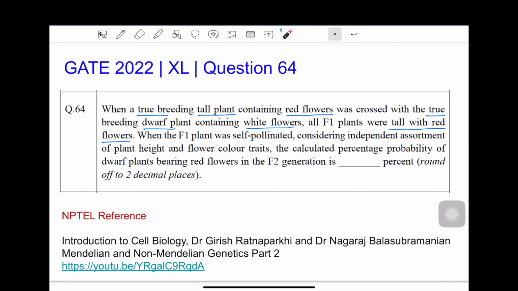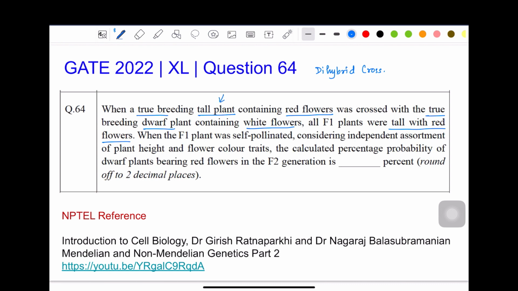Okay, so this is a question from Mendelian genetics, and this is also a question that is concerned with dihybrid cross. Why? Because we are here considering two characters.